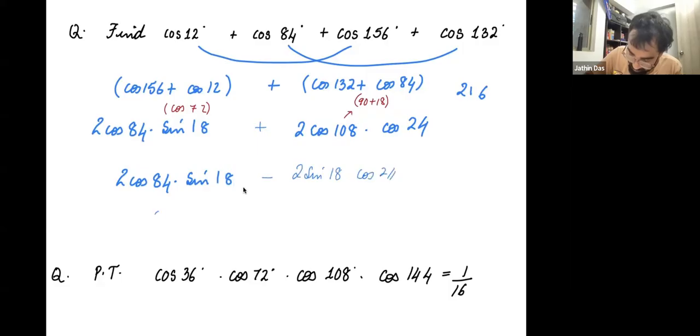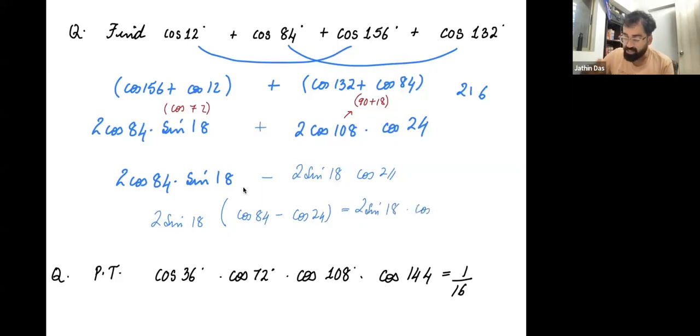What is common? 2 sin 18 into cos 84 minus cos 24. Okay. 2 sin 18. Now, into cos, difference by 2.